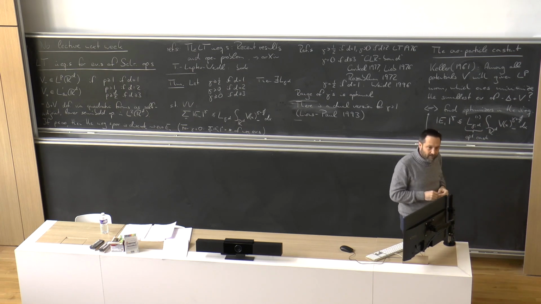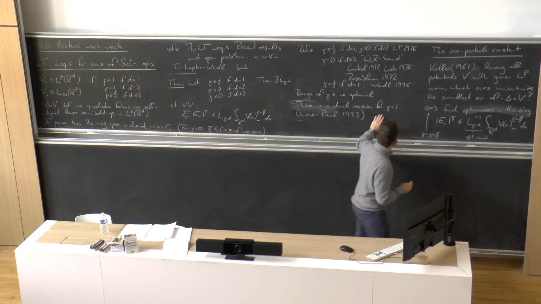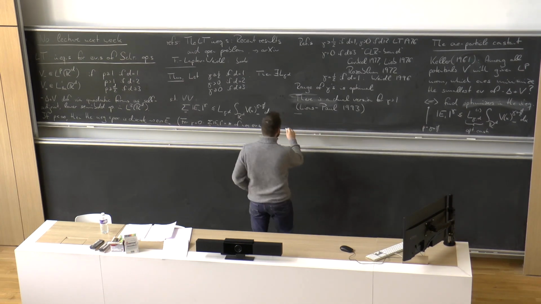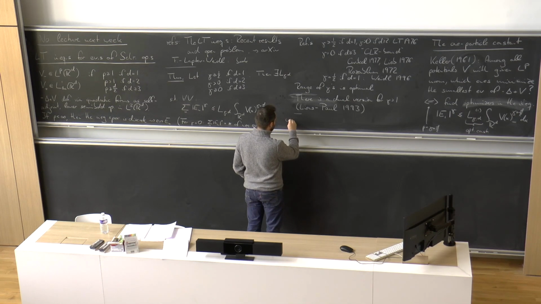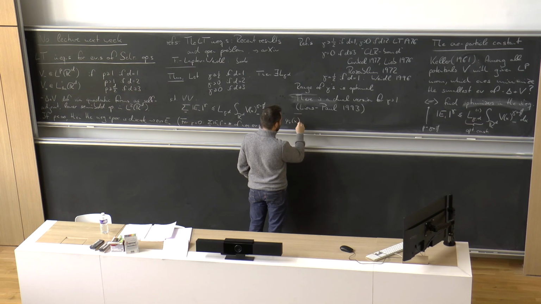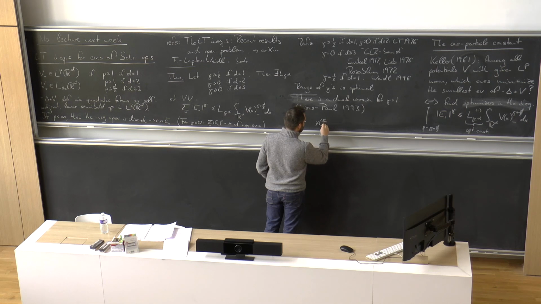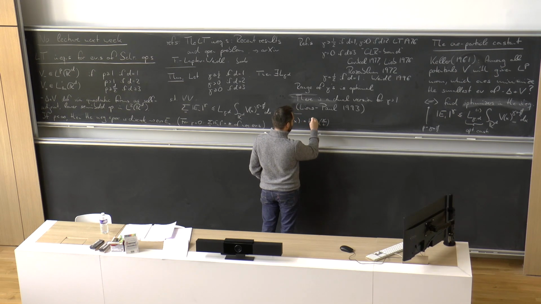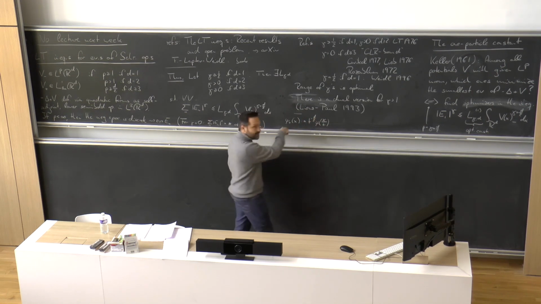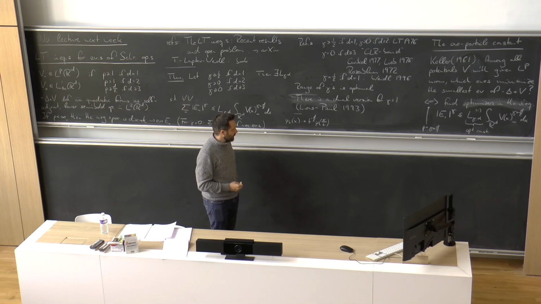Can you recall the scaling for the Schrödinger? Yes, absolutely. If I take psi t of x defined as psi of x over t, times t to the minus d over 2, that is an L2 preserving scaling.